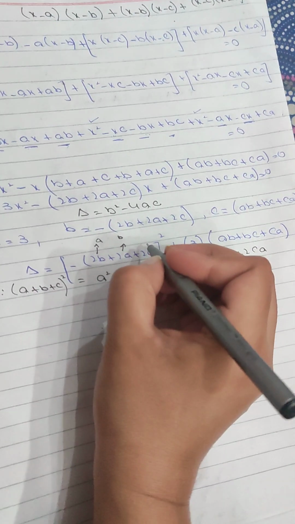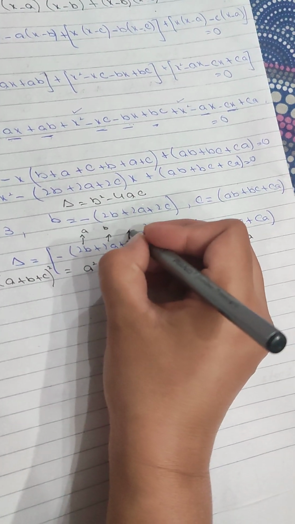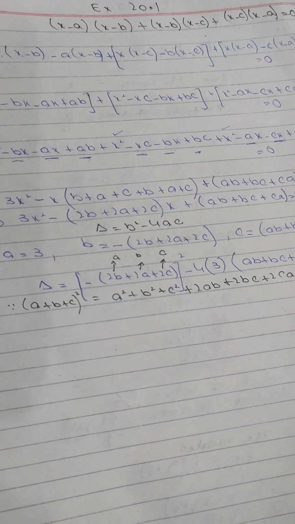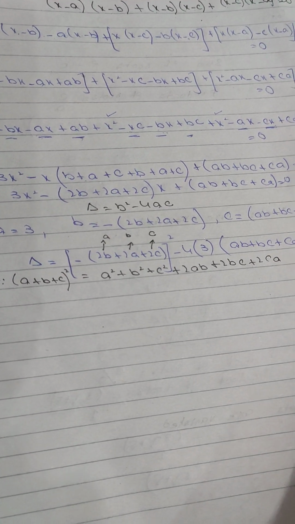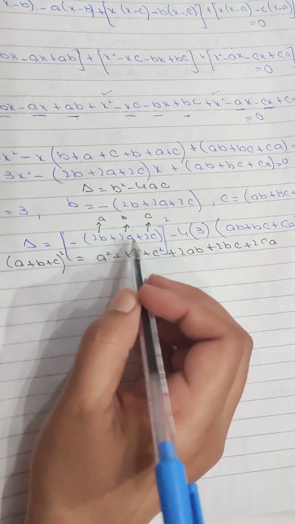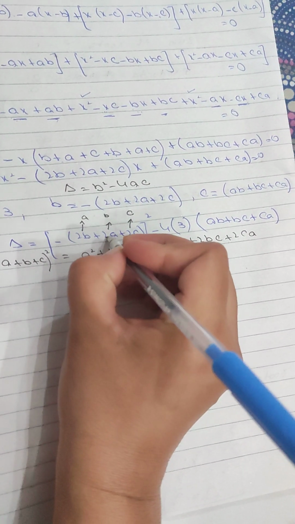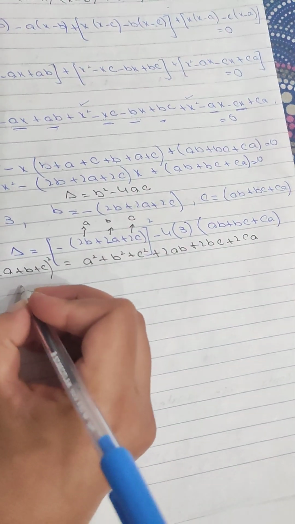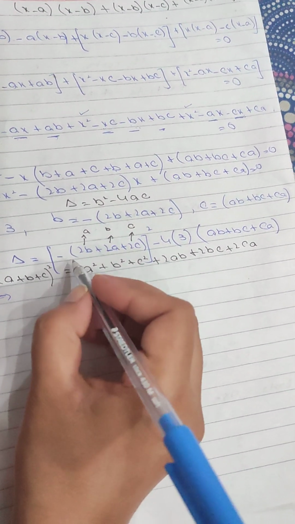I am indicating a, b and c, so it will be very easy for you when I put the values in the formula. A is 2b, b is 2a and c is 2c. So let's put the values.